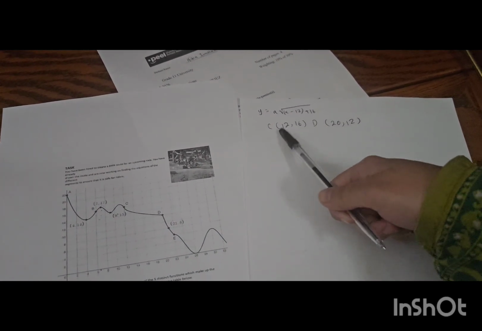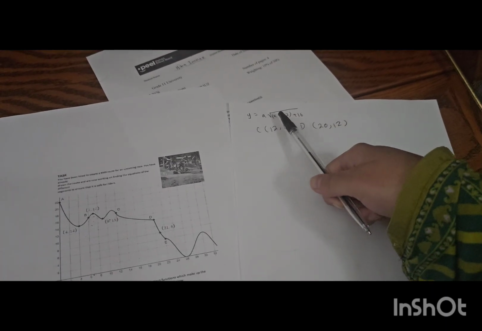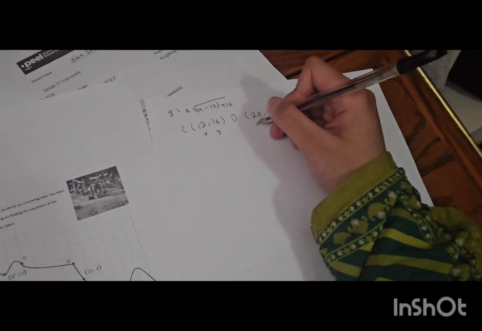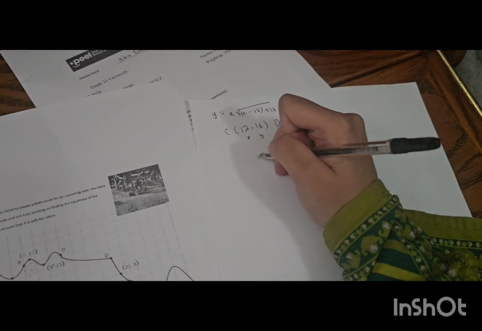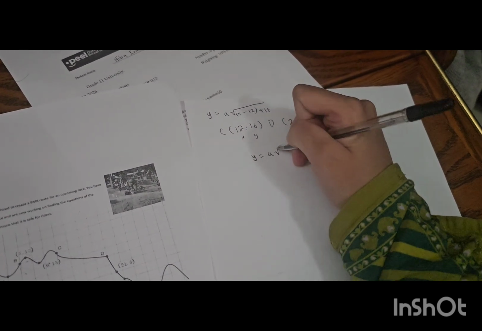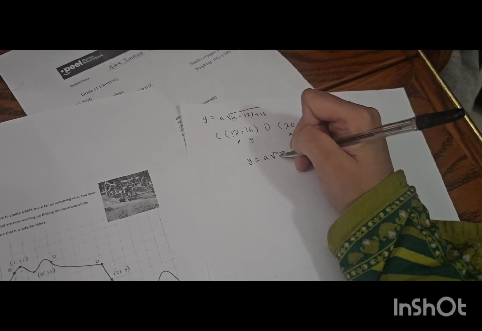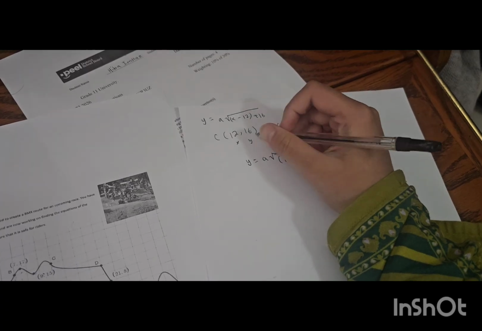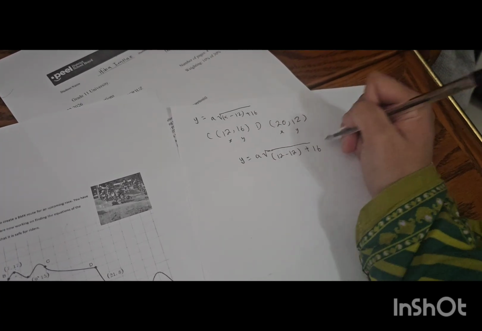First I check whether or not C fits the form. How I'm going to check that is I'm going to substitute the x value from C, which is 12, into this function right here. So first I'm going to label them. That's going to be y = a√(12 − 12) + 16.